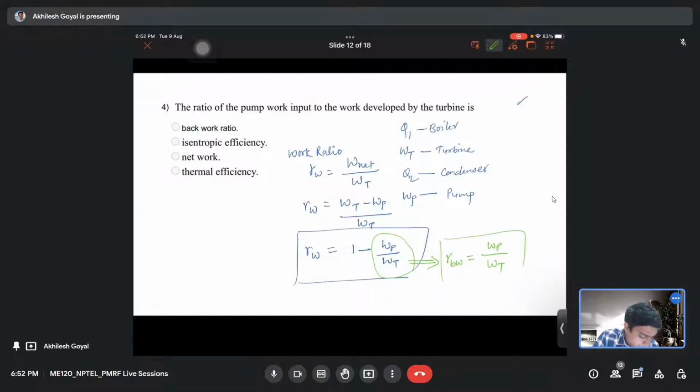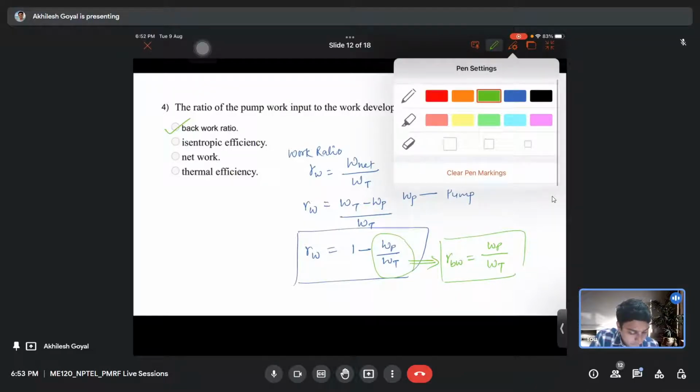So in the question, what is asked is the ratio of pump work input to the work developed by the turbine. So this is back work ratio. Okay, any doubt in this question?